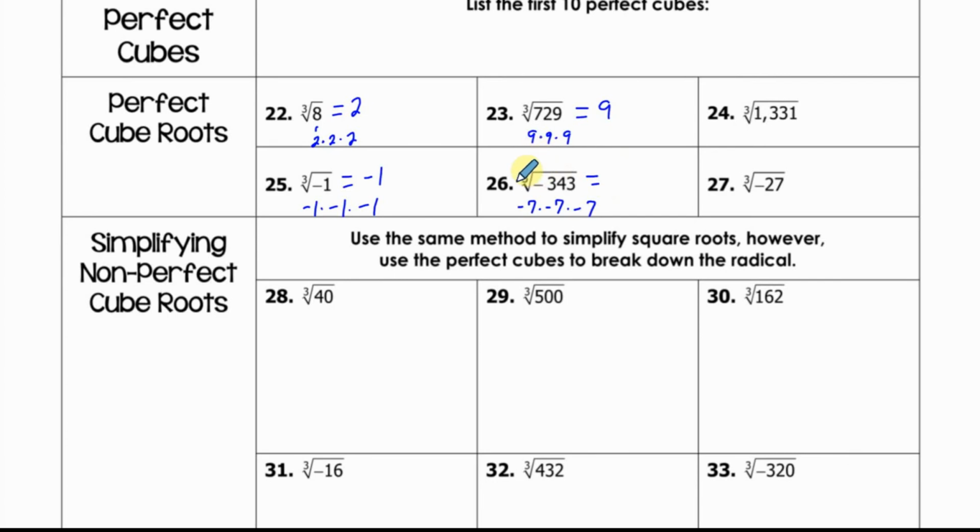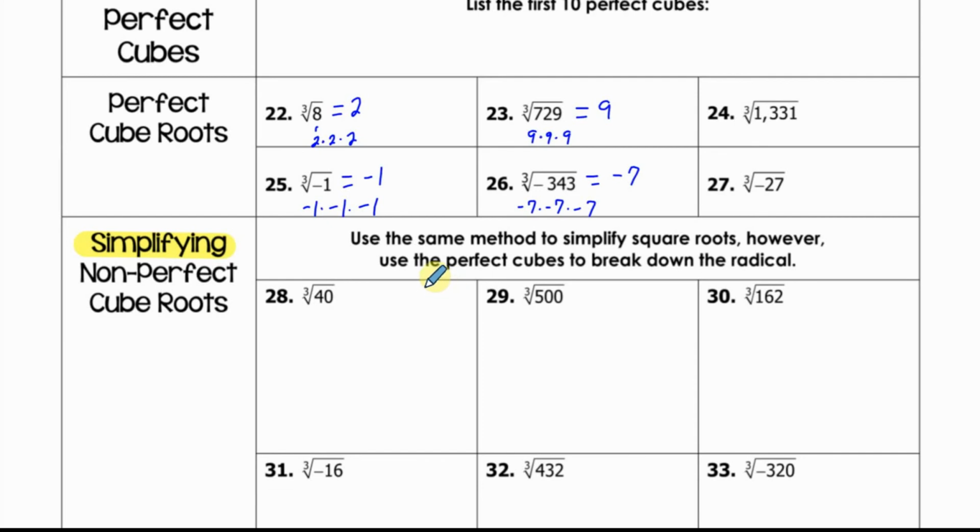So it takes 3 -7s to make -343. Okay. So now we're looking for groups of 3, right? Cube roots, we're looking for groups of 3. That is the only difference in the process. Now we look for groups of 3.